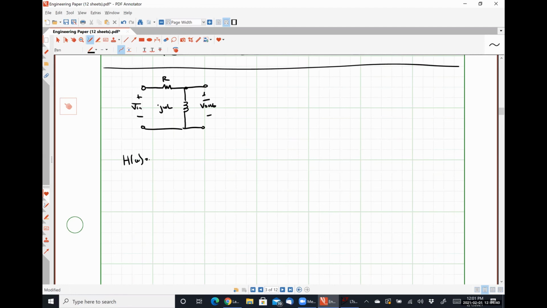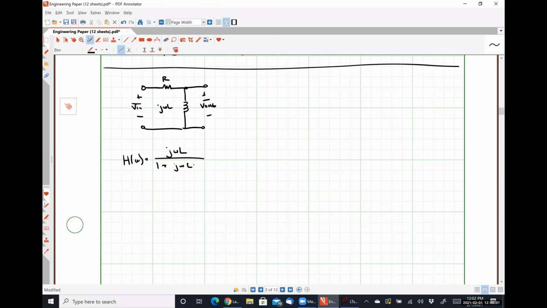Is it still a voltage divider? Yeah. j omega L, right? Because we got an inductor in the mix now. So j omega L divided by R plus j omega L. We don't have any fractions or anything like that to clear, so that seems pretty good.